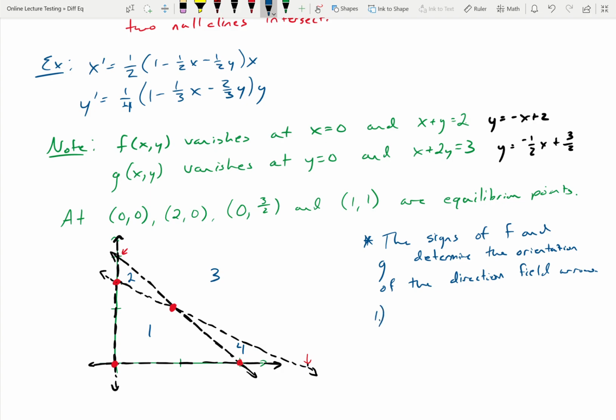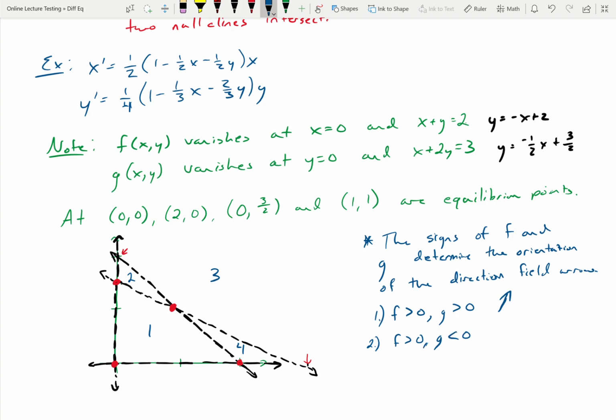So in quadrant 1, F is greater than 0, and G is greater than 0. This means these arrows are going to be going up and to the right. Number 2, F is greater than 0, and G is less than 0.